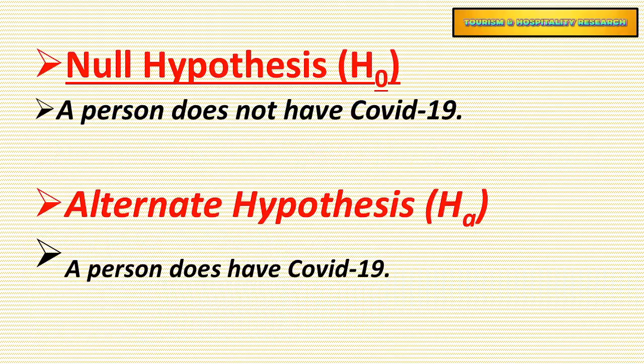So here in this example, I have stated that the null hypothesis is a person does not have COVID-19, and the alternate hypothesis is a person does have COVID-19. So to understand it better, type 1 error signifies that you mistakenly reject the null hypothesis when it shouldn't be rejected.